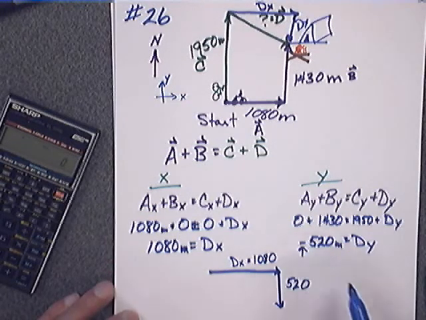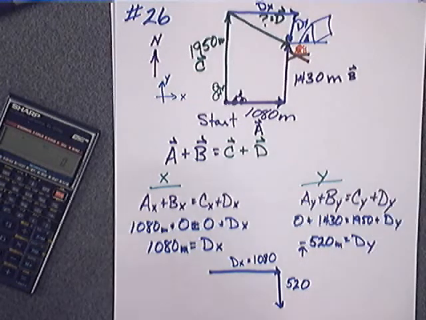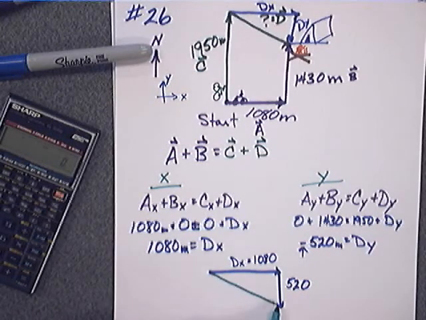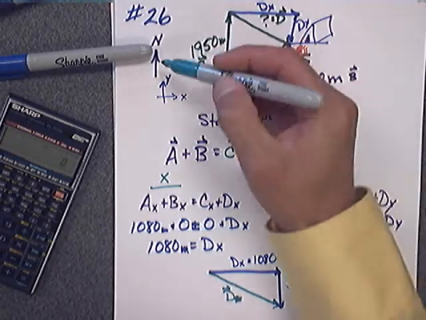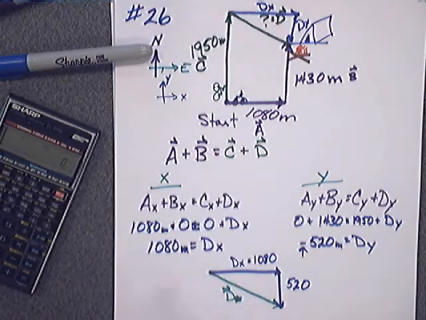My negative sign is because it points down. So now let's figure out what this is. Here's going to be my resultant, just plain d, and we need to find it with respect to east. East points this way, so to come off of that angle, I'm looking for theta.